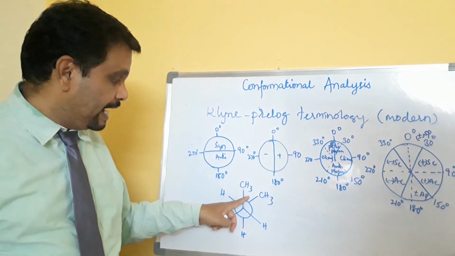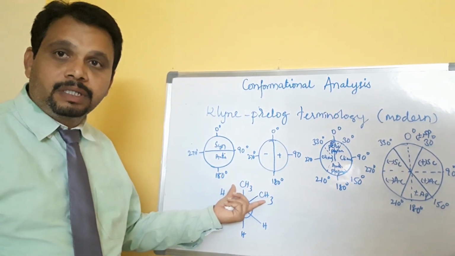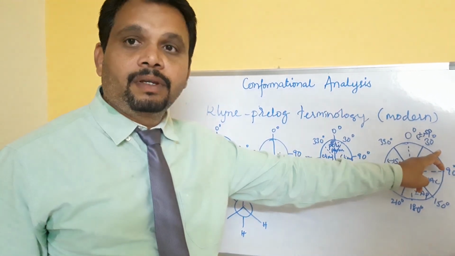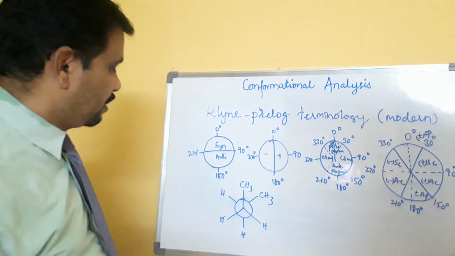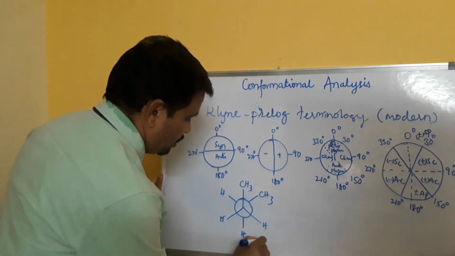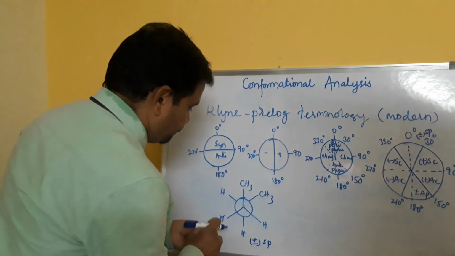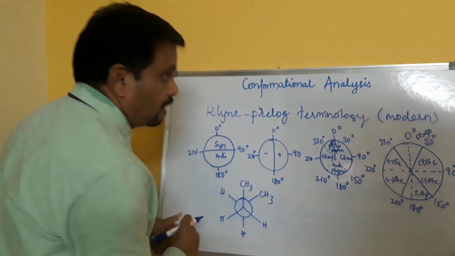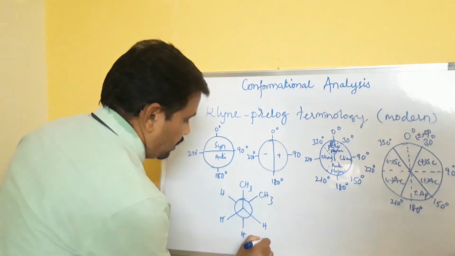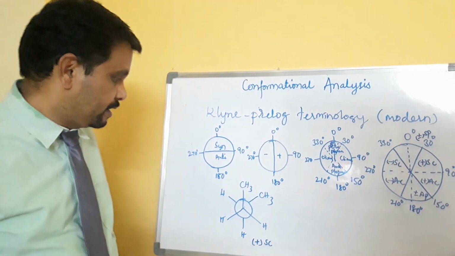So the dihedral angle between these two adjacent bonds is 60 degrees. 60 degrees means it comes here. Therefore, plus SC, not plus or minus, because it is more than 30. Therefore, plus SC conformer.